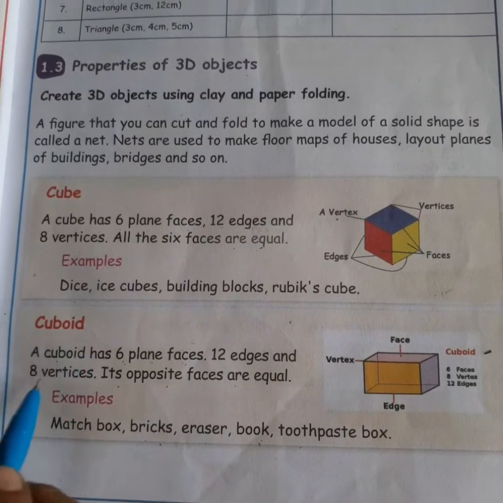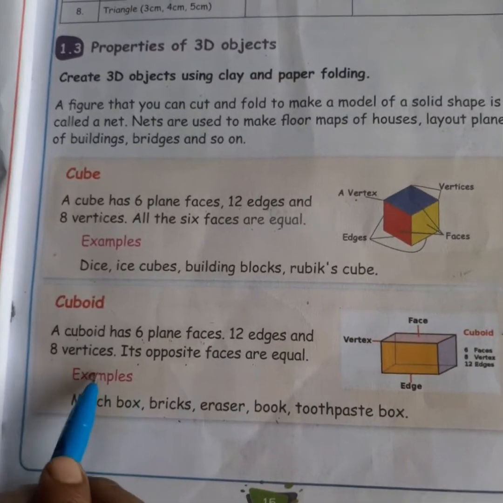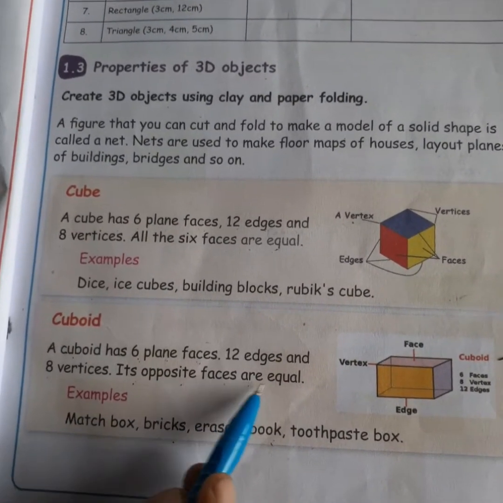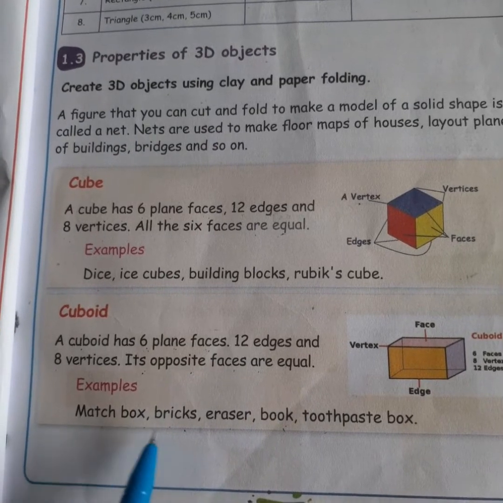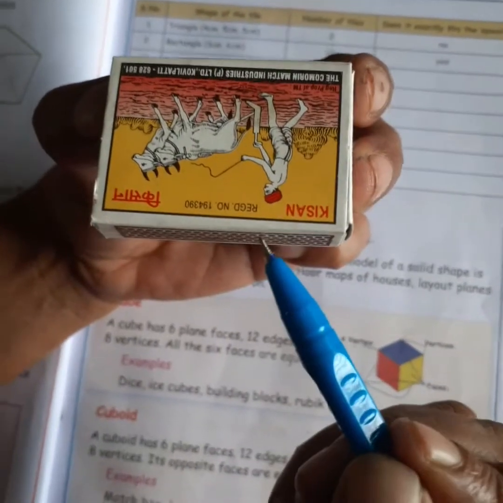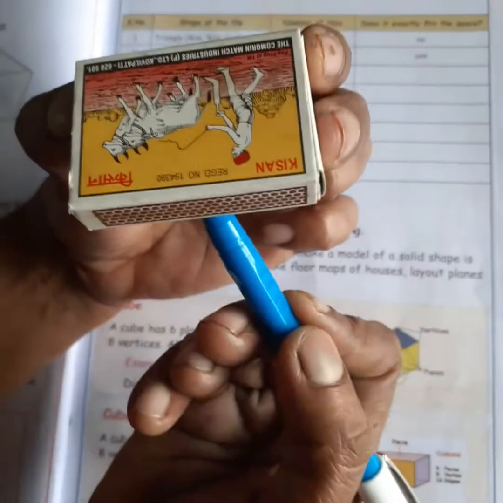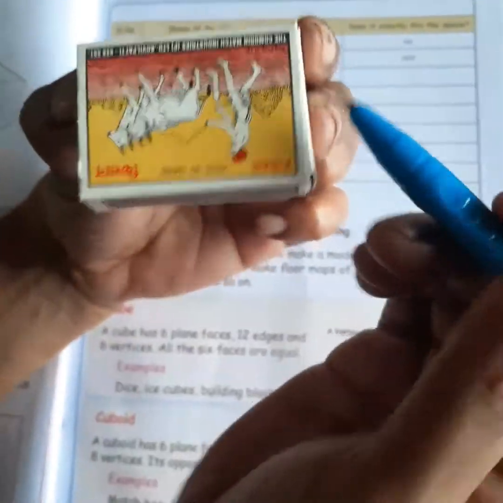Next one is cuboid. A cuboid has 6 plane faces, 12 edges and 8 vertices. Its opposite faces are equal. Example, matchbox, bricks, eraser, book, toothpaste box. A cuboid has how many faces? 6 plane faces. 1, 2, 3, 4, 5, 6.